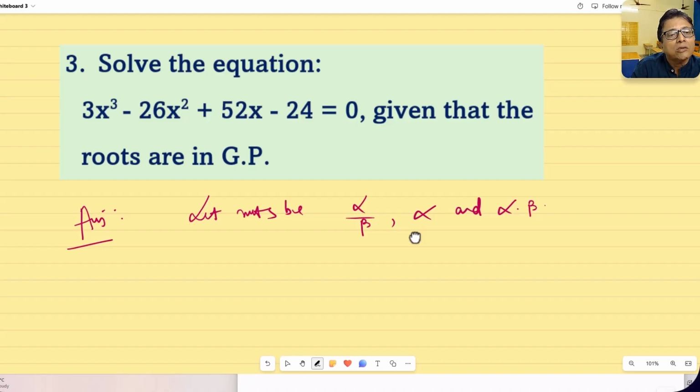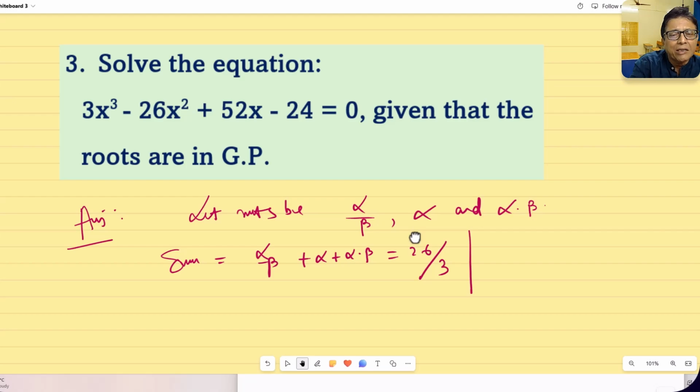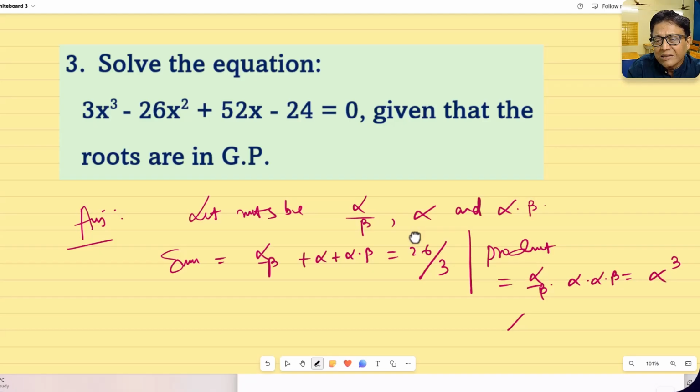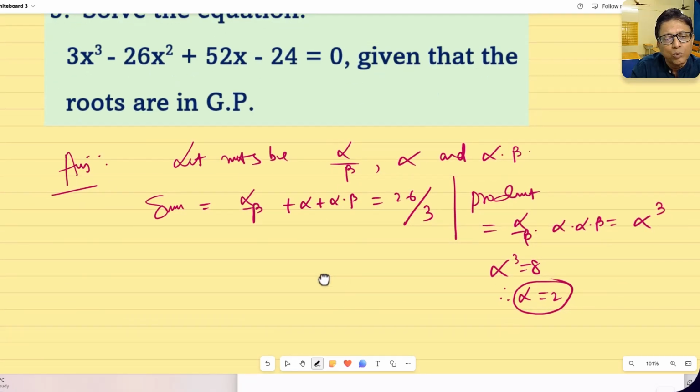Now, sum equal to alpha by beta, and this is 26 by 3. Don't write the sum of the products taken two at a time. Directly write the product. Product is alpha by beta, alpha, and this alpha cube is equal to 8. So alpha is 2.